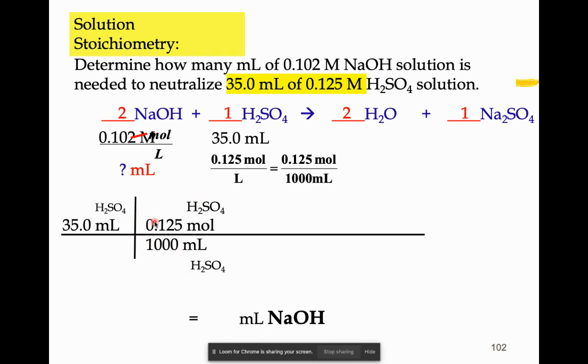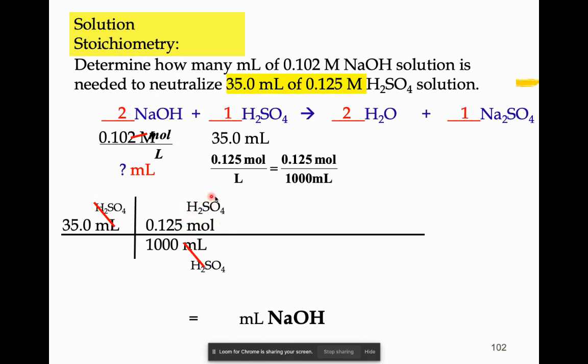So we have 0.125 moles over 1000 mL, which is obtained from the given 0.125 molar H2SO4. Notice how we can cancel mL of H2SO4 and we end up with the number of moles of sulfuric acid.